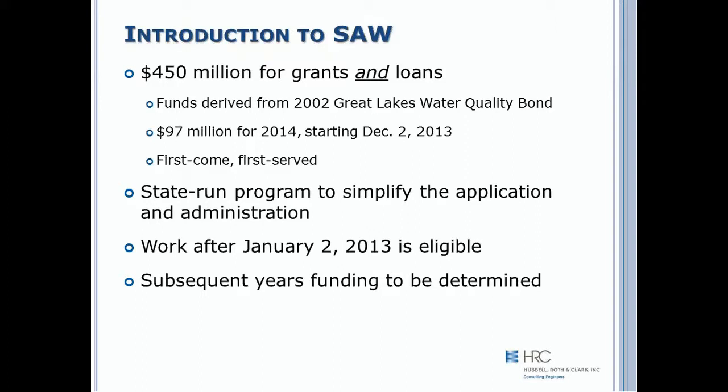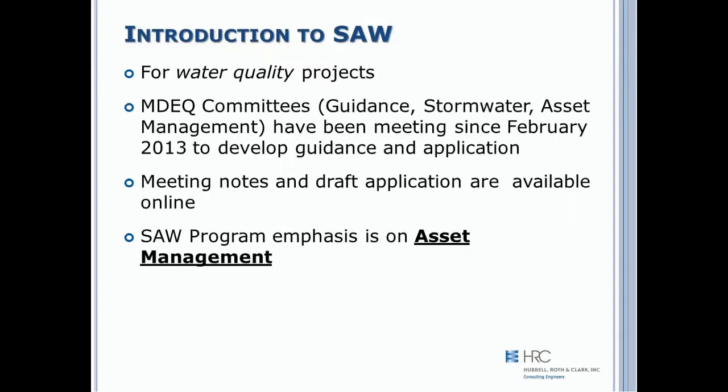So actually, any activities that would be eligible on the grant that take place before the money is actually distributed through these programs is eligible. So if you're conducting asset management programs right now, you could apply for reimbursement for that. As I mentioned, after the $97 million, the legislature will decide what will be allocated in subsequent years.